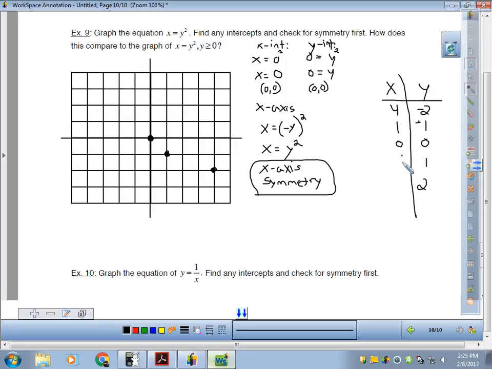So we get a point at 1 comma 1, which is right there. And then if we take the 2 and plug in, 2 squared is 4. So we end up with 4 comma 2 as our last point. And then we would want to connect those together so that we have our complete graph.